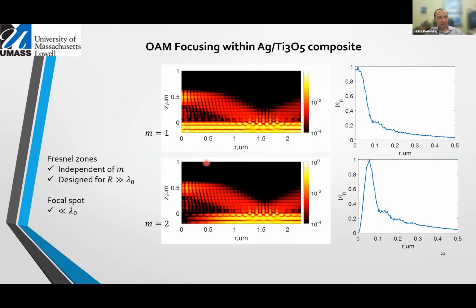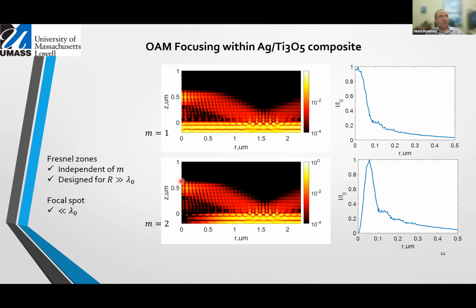It gets you, honestly speaking, about the same intensity at the focal spot as the intensity of your incoming beam, but not the power. So the power is lost. But what it does get you is the ability to very efficiently interact with objects at this focal spot. We looked a little bit at that, not in the optical angular momentum setup, but in the funnel setup.